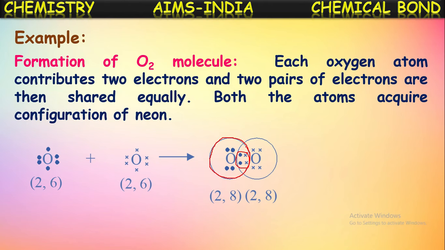Now it gets a total of 8 electrons, and hence it gets octet configuration. In the same way, this oxygen atom also attained octet configuration. By this they form a double covalent bond by sharing two pairs of electrons equally. This can also be represented like this: O double bond O. The two lines between the two oxygen atom symbols represent a double bond between these two oxygen atoms.